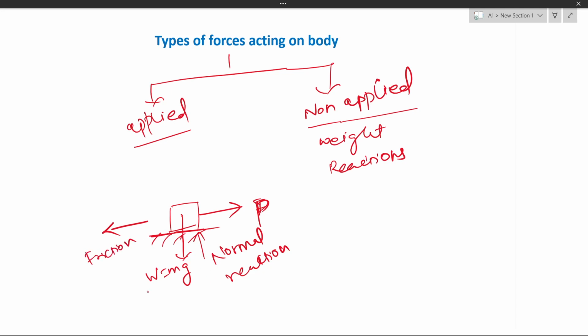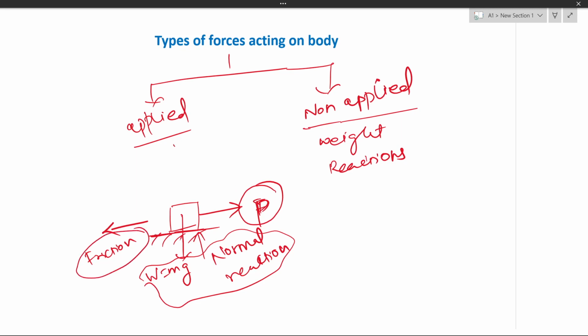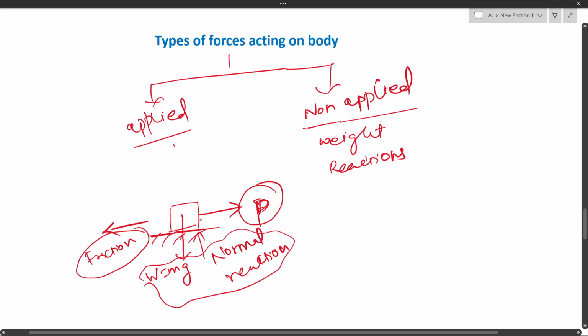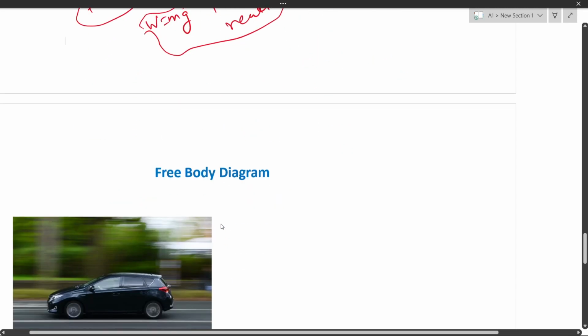So in this force system, the weight and normal reaction are non-applied forces, and this load is the applied force. And the friction doesn't come under either category, or we can call it a non-applied force which is created by an applied force.